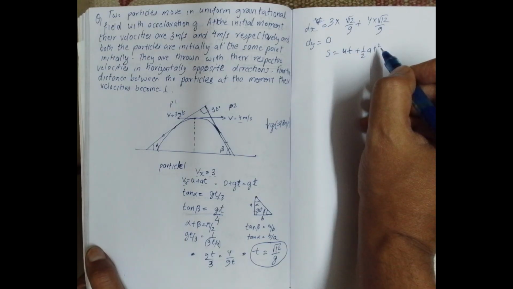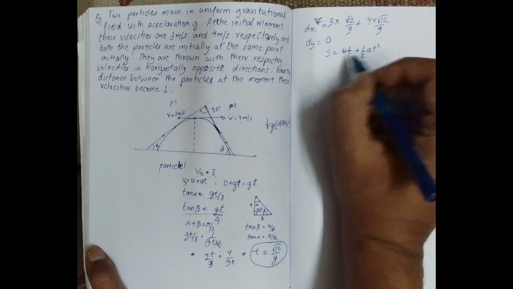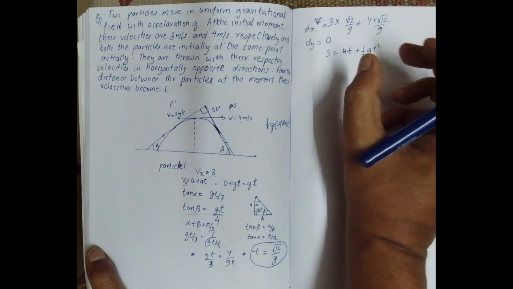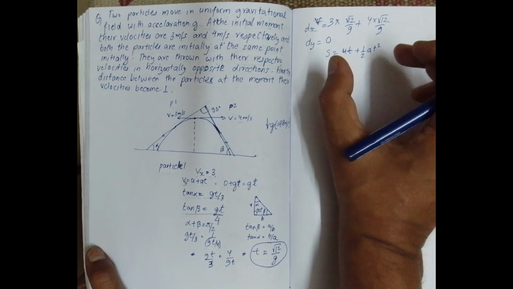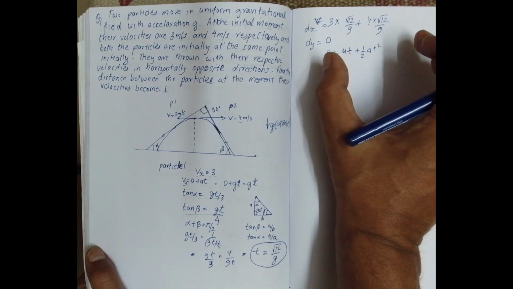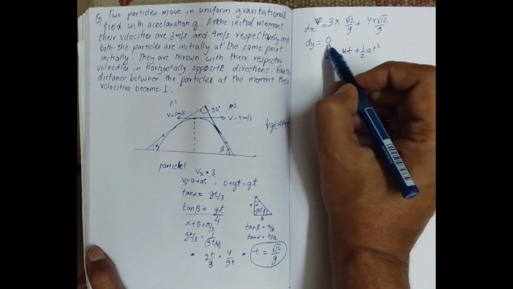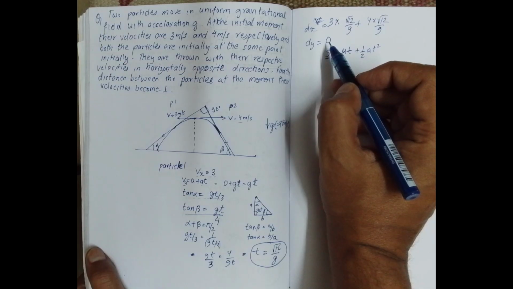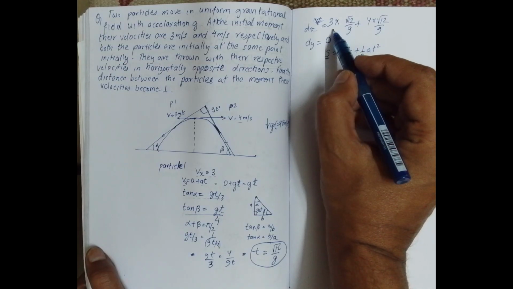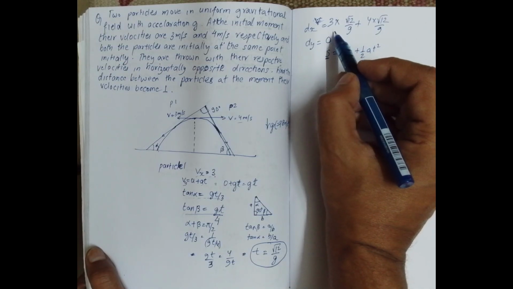So for both the particles after time t, the vertical displacement is the same, because if you use this equation, S will be the same. So the vertical separation between the particles is 0 and the horizontal separation is this. So the total separation between the particles is this.